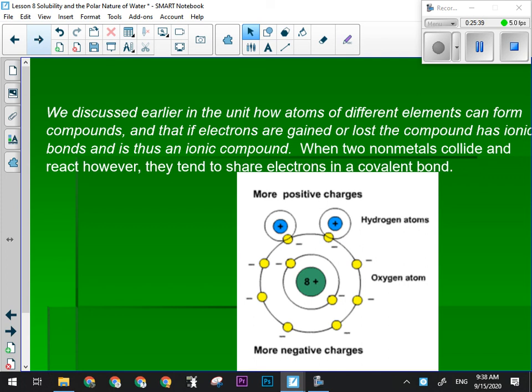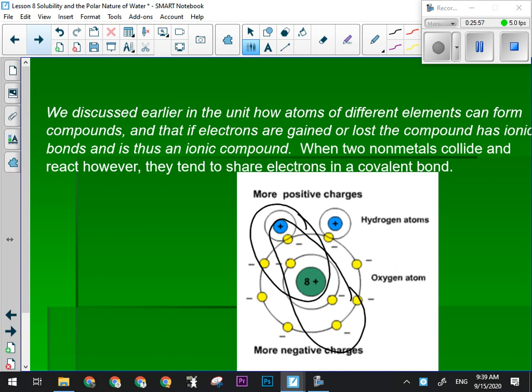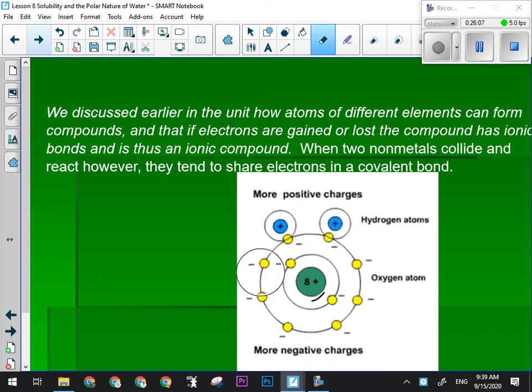So rather than the electron that belongs to hydrogen going around these two things equally, it actually does more of this, and spends way more time around the oxygen atom than it does around the hydrogen atom. What that ends up doing is causing one end of this molecule to become negatively charged and the other end of it to become kind of positively charged. So the electrons hang out down here.